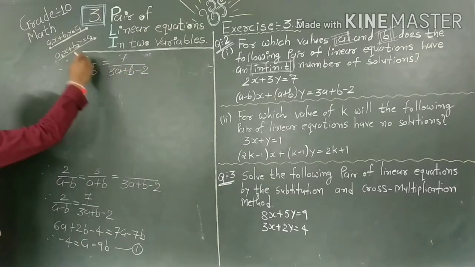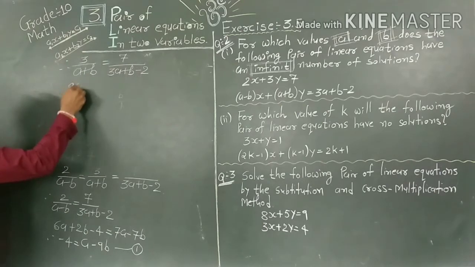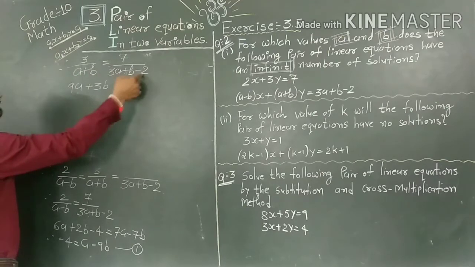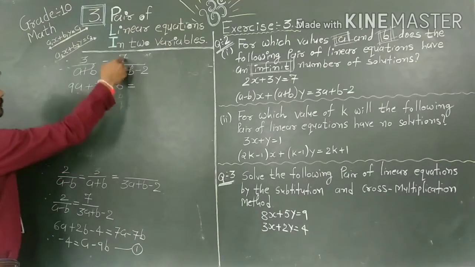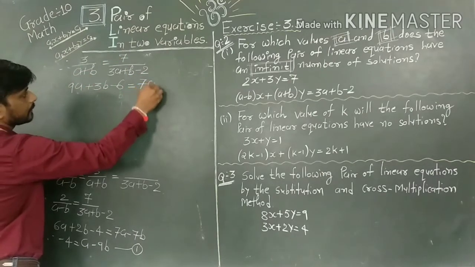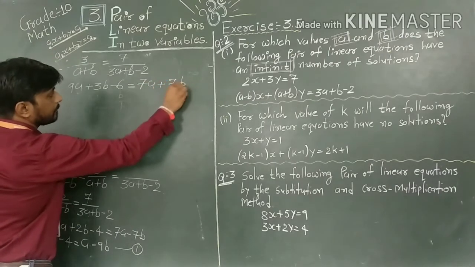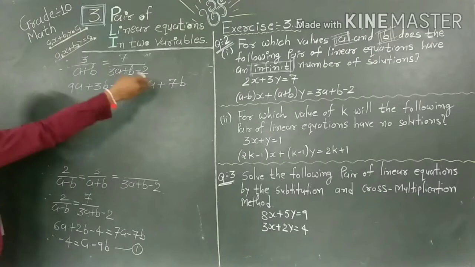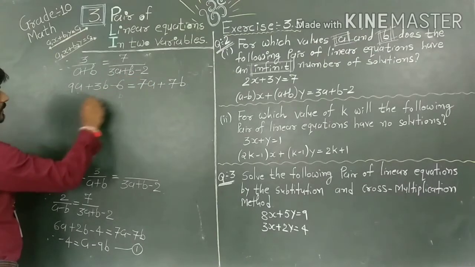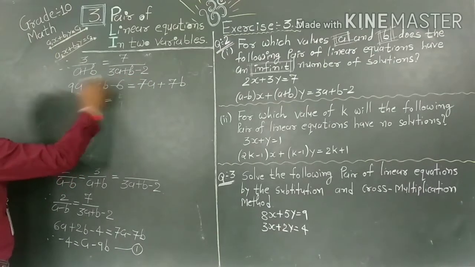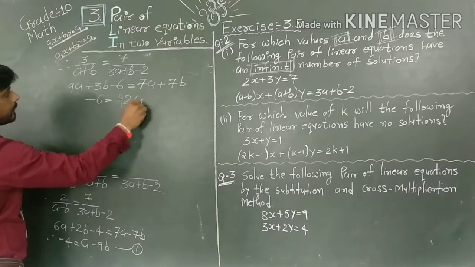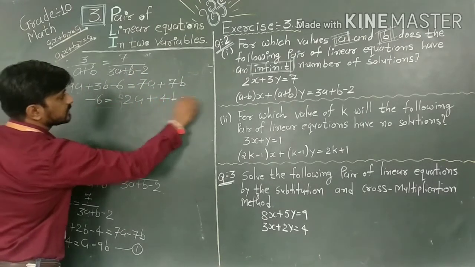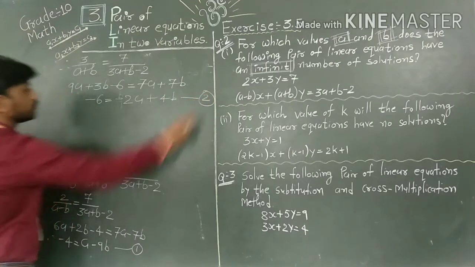Now do cross multiplication. 9a plus 3b minus 6 is equal to 7a plus 7b. Now I transfer 9a to the opposite side. That means minus 6 is equal to minus 2a and minus 3b, that means plus 4b. This is our equation number 2.